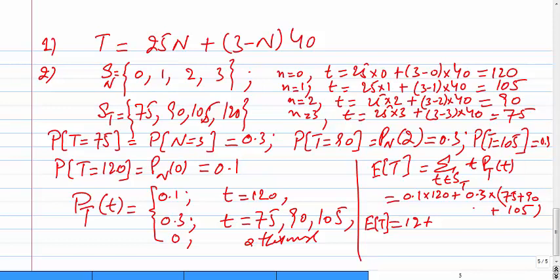We have to multiply by 0.3, it becomes 81. So 81 plus 12, it becomes 93. So this is what you get when you are solving this derived random variable. So this is the way you can solve these expressions.